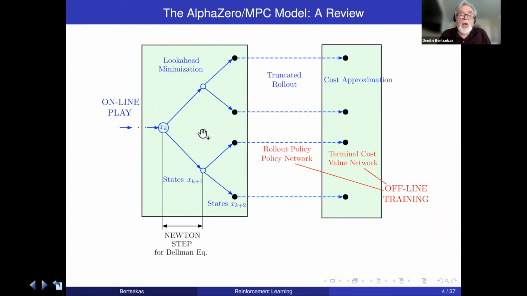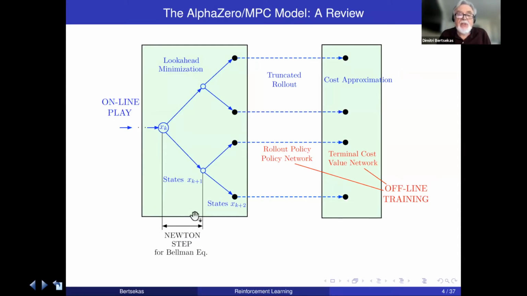It involves look-ahead minimization for one or more than one stages, followed optionally by truncated rollout, look ahead with a specific policy, the base policy. And then at the end, if we have not finished, we add a cost function approximation that encodes the quality of the state at this stage of the look ahead.